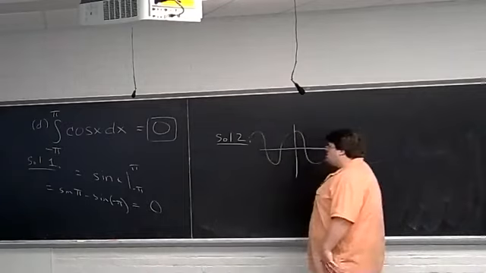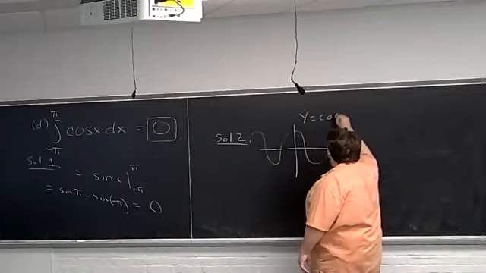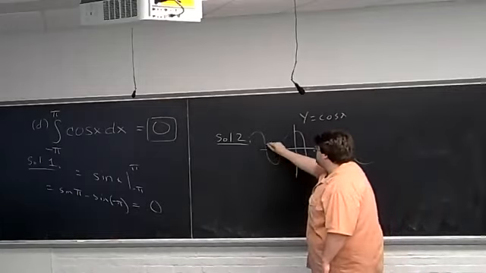We can compare areas. Here's the cosine function. Where's pi? Where's negative pi?